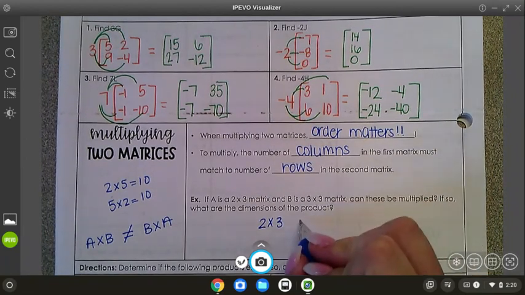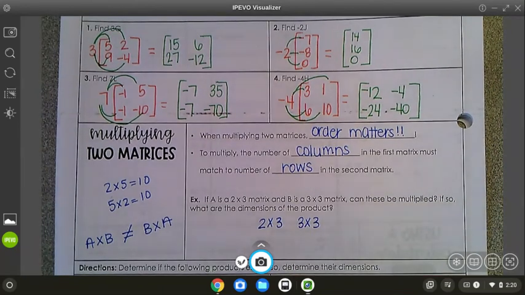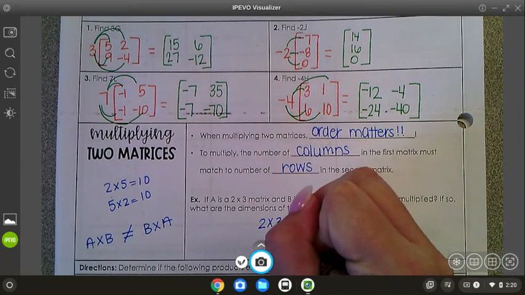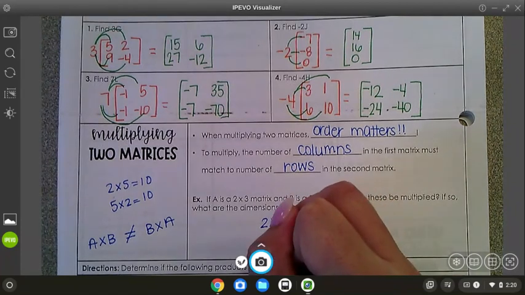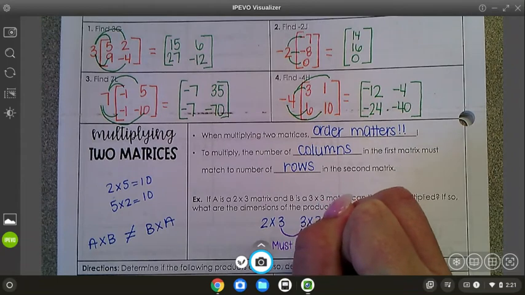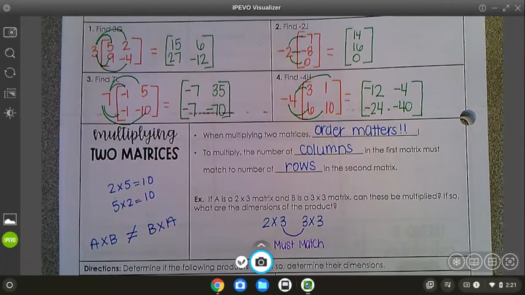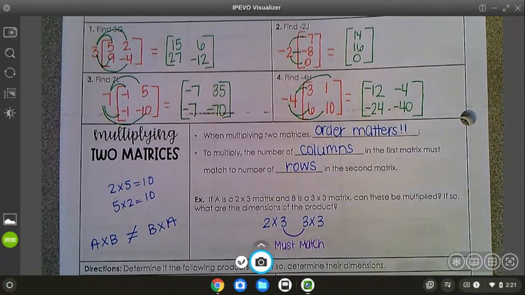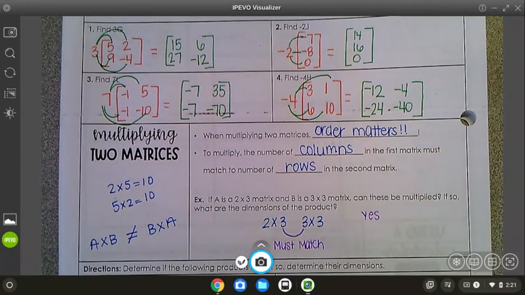And matrix B is a 3 by 3. To figure out if you can multiply, you have to look at these middle inside numbers. Those inside numbers must match. If they match, then you are able to multiply them. So we would say, yes, we can multiply. If those middle numbers are different, it would be no, and we wouldn't do anything else.